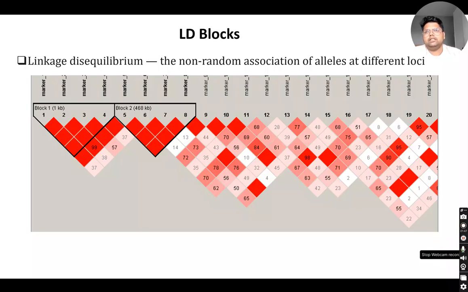You can take a segment of DNA which is in LD, which is in LD with each other, and they are inherited most often together. That's called an LD block. So suppose in this figure the markers are in one LD block, because they are associated with each other and they tend to be inherited together most often.